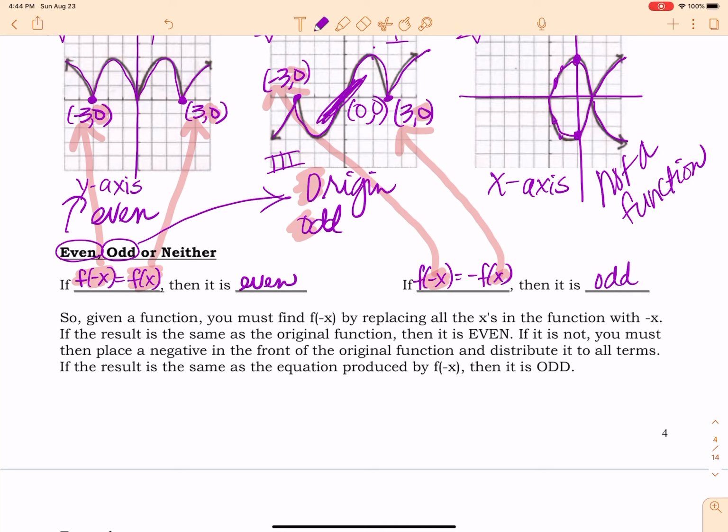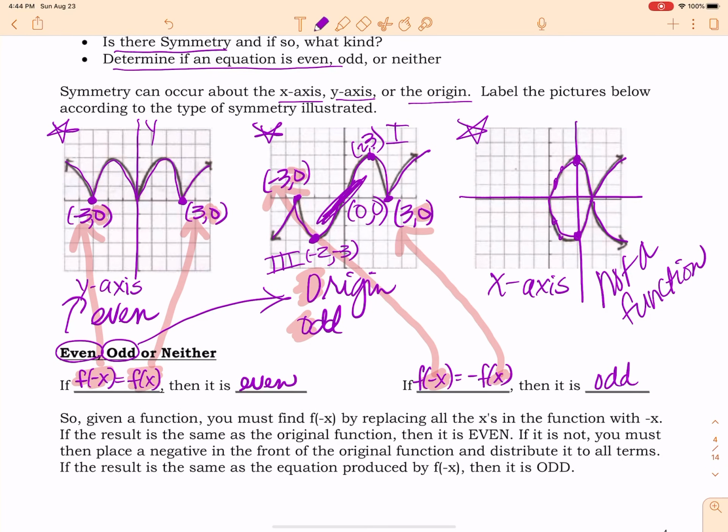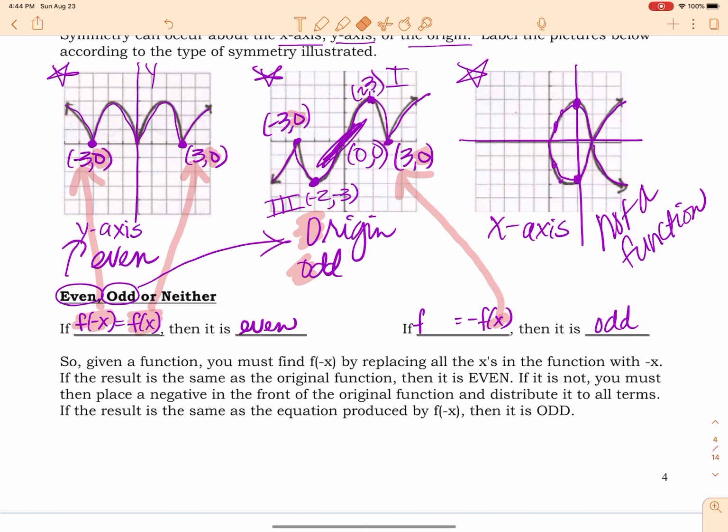Let's try it on this ordered pair. The drawing is not great, but you can kind of see this here. So this is negative 2, negative 3, and this one up here would be positive 2, positive 3. Okay, so let's look at this again. I'm going to use my eraser here so I can illustrate this for you. Okay, so positive x right here, this 2, and then negative x, that would be this negative 2 right here.